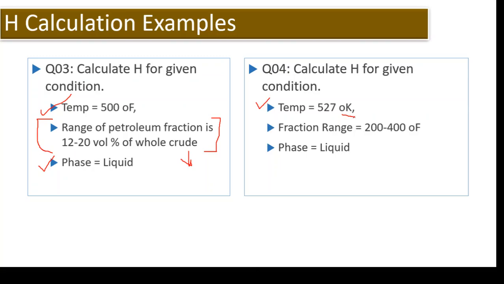It means we have to change it to degrees Fahrenheit. The fraction range is given in degrees Fahrenheit, and phase is given, so you have to convert this range into API. First you have to convert this range into volume percent, and after that into API. That is the trick here.